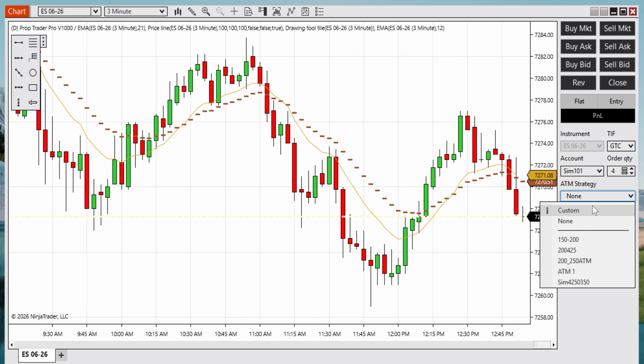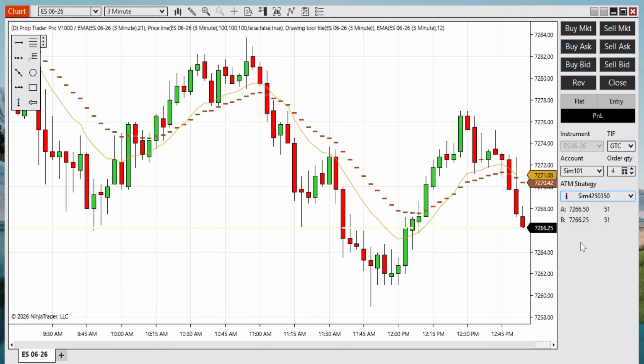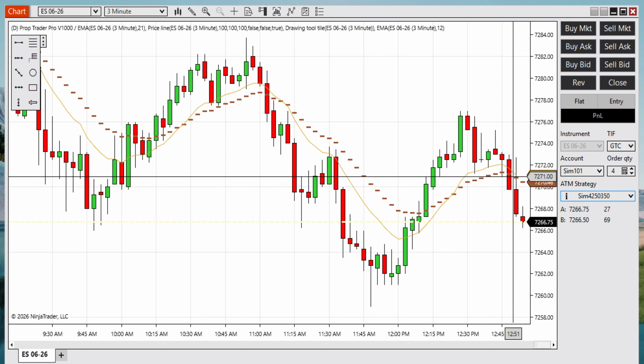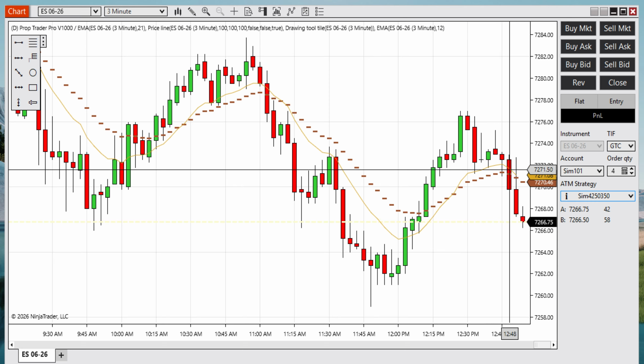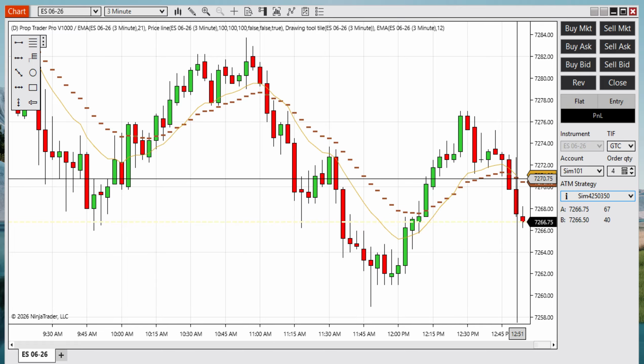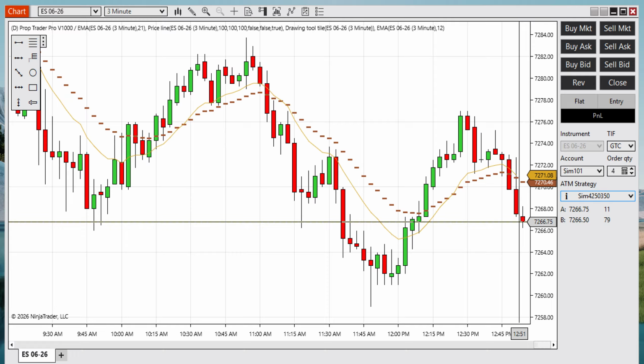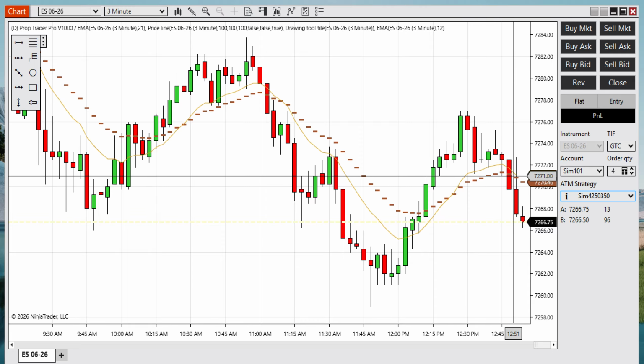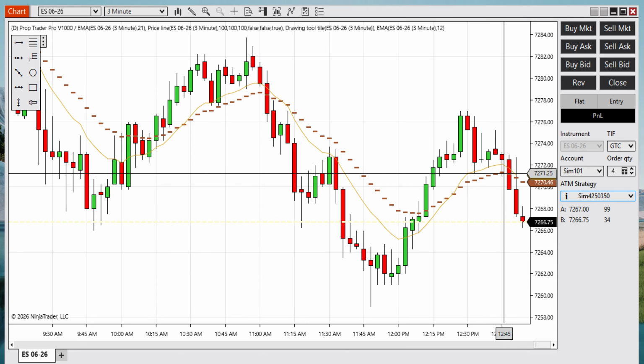Now we are in our ATM strategy, and our parameters are set. What you do is wait for your turn. Let's say you are going by the EMA crossover strategy. This candle is a waste, so don't look at it. But from the previous candle, it's going down, and the averages are also stacking up.